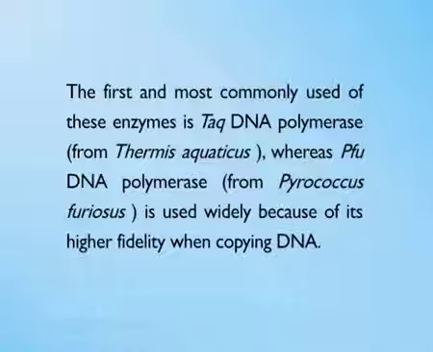The first and most commonly used of this enzyme is the Taq DNA polymerase from Thermus aquaticus, whereas Pfu DNA polymerase from Pyrococcus furiosus is used widely because of its higher fidelity when copying DNA. Although these enzymes are subtly different, they both have two capabilities that make them suitable for PCR. The first one is they can generate new strands of DNA using a DNA template and primers, and the second is they are heat resistant.